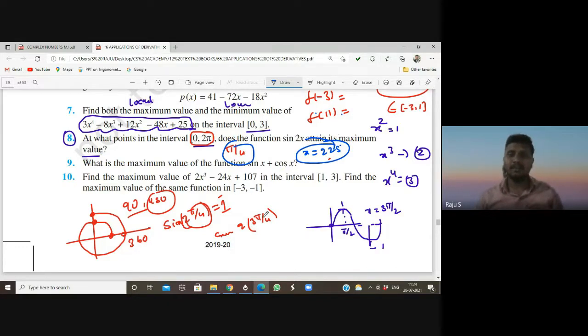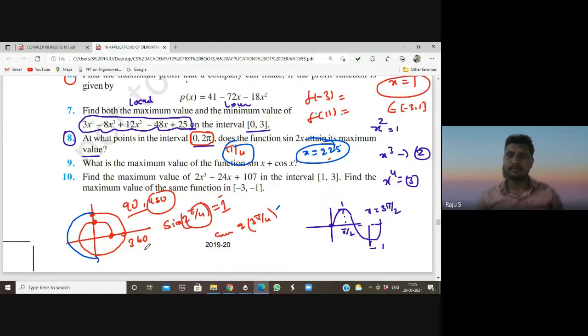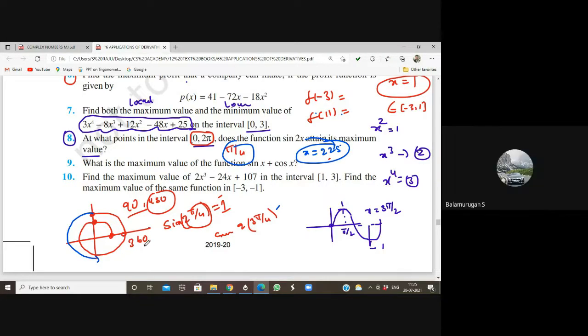And at 3 pi by 4, after this it again comes to 270, so 360 plus 270, how much? 630.